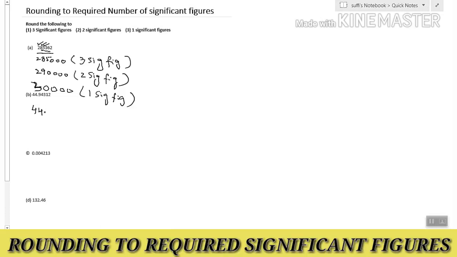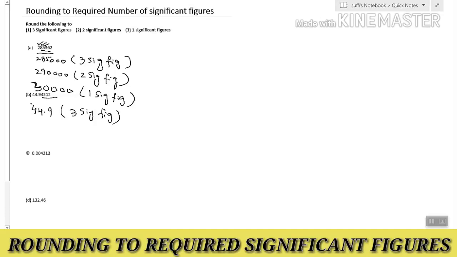And we know if we write zeros after the decimal point, they will also be counted as significant figures. The digit after 9 is less than 5, so we will simply ignore the rest. We will not write zeros after the decimal point. So it has been rounded to 3 significant figures.